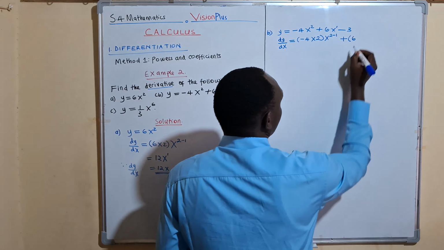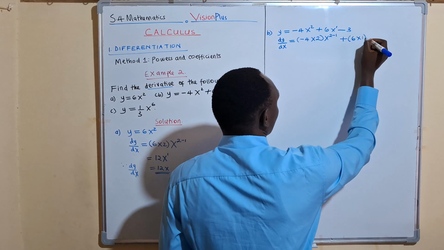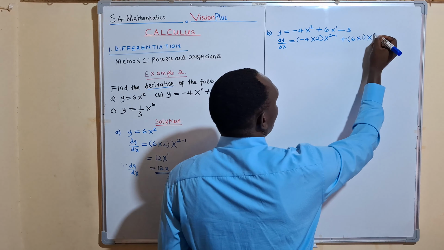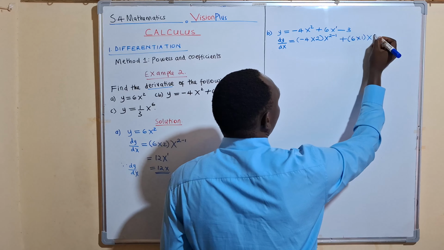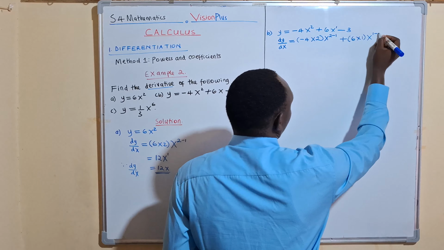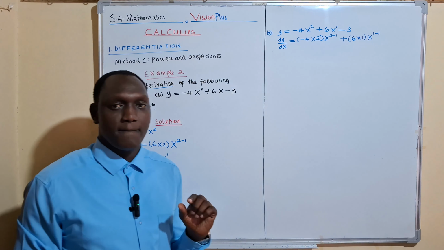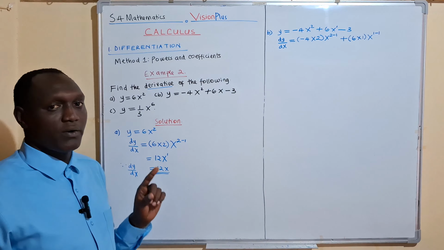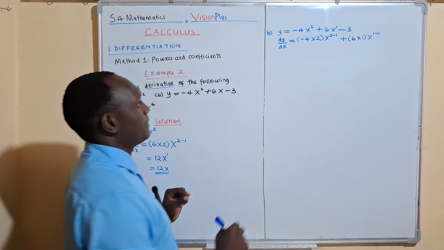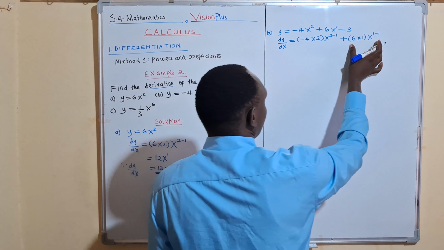So you write 6 times that new power, which is 1 that you are lowering. So 6 times 1, x. Now we need a new power of x. How do we get the new power? It is the whole power, which was 1, minus 1. That gives us the new power. It is the whole power minus 1. And the whole power in that case was 1. So 1 minus 1. We have differentiated the second term. We are left with simplifying it.